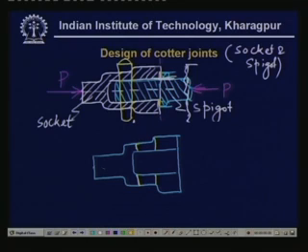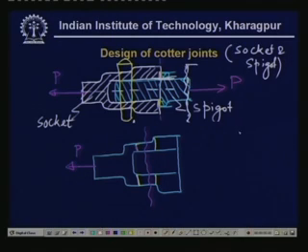Again it is subjected to tensile force, as you can see here. When this is subjected to tensile force, of course, the socket can tear, and the critical cross section will be somewhere here, as you have seen for the spigot.